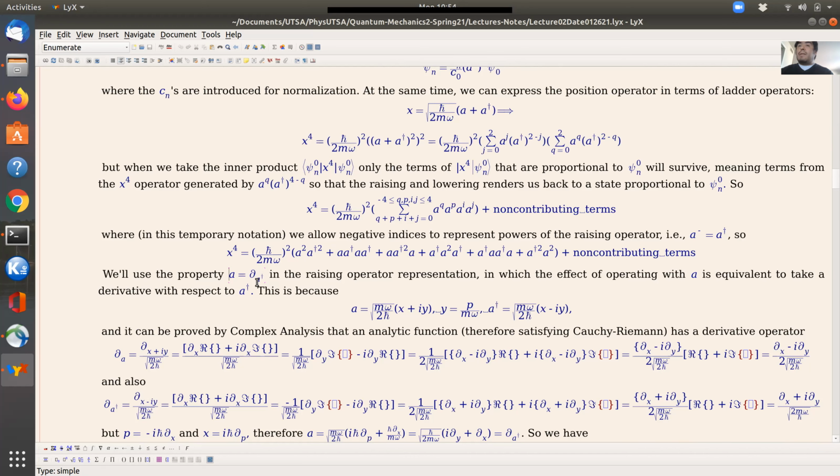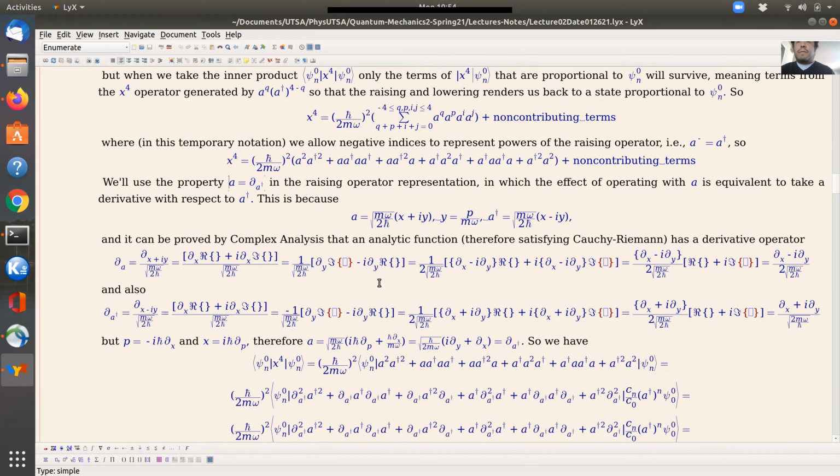I'm not sure if you have seen this or not, but we can make a very quick proof. So the effect of operating with A is equivalent to taking a partial derivative with respect to A dagger. And the short proof, again, showing a complicated problem to let you deal with the simpler ones.